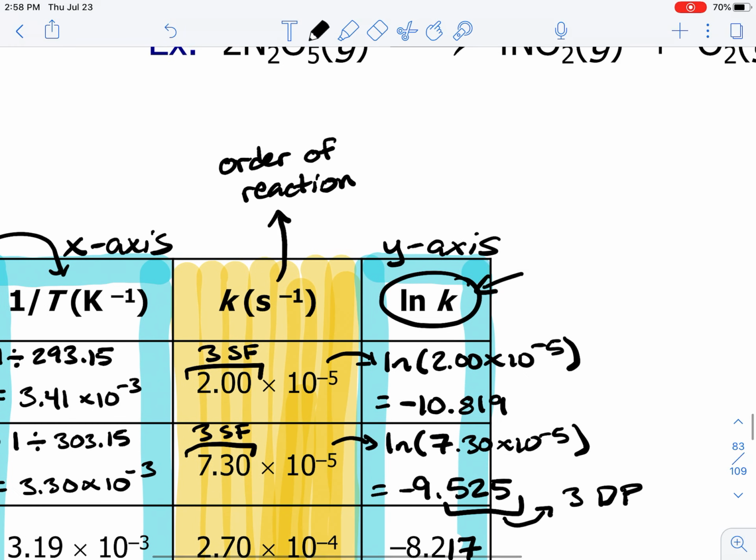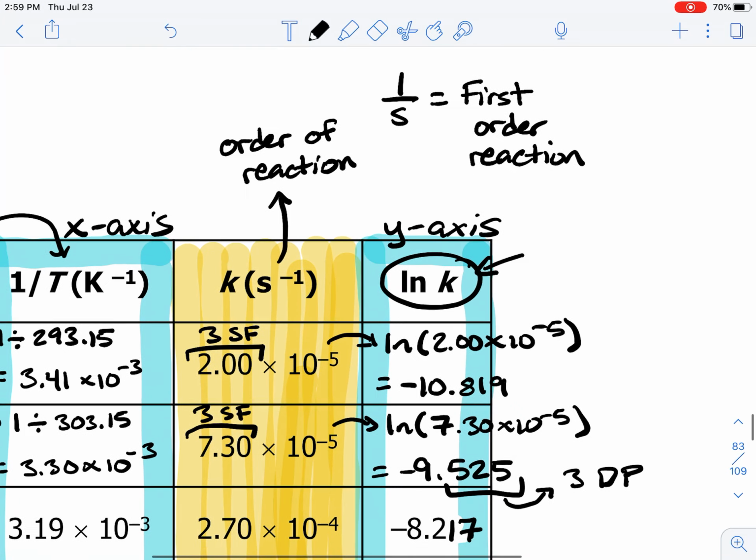And so since the unit is 1 per second, that's going to describe a first order reaction. Okay. If this rate constant k was molarity per second, then that would be zero order. If this rate constant k is 1 per molar per second, then that would be second order.